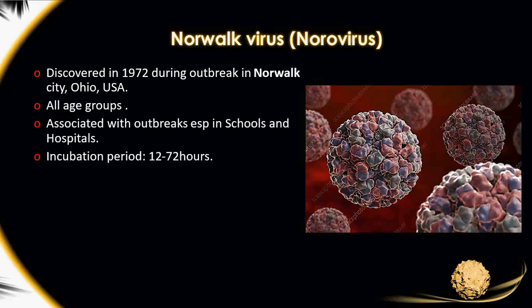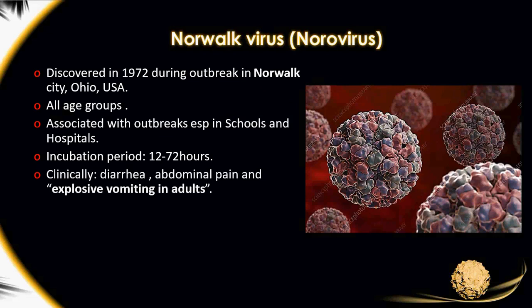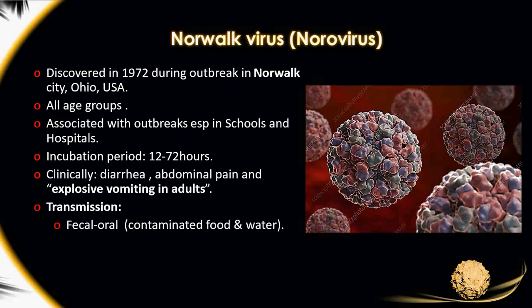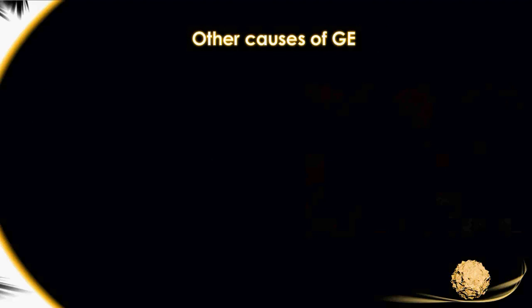The incubation period is also short, like 72 hours, and usually patients will develop explosive vomiting, maybe accompanied by diarrhea and abdominal pain. Transmission can be by the oral-fecal route through contaminated food and water, and it can be through person-to-person transmission by aerosolized projectile vomit.